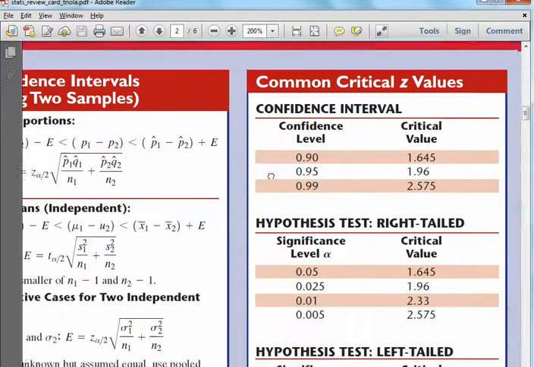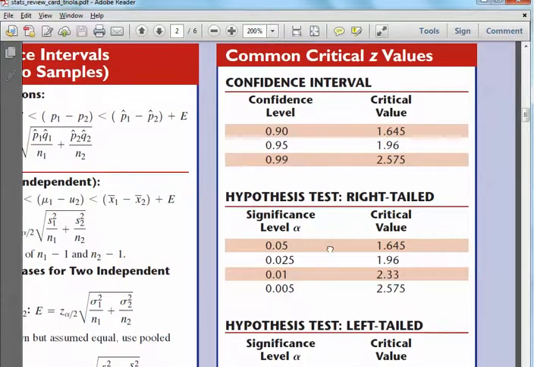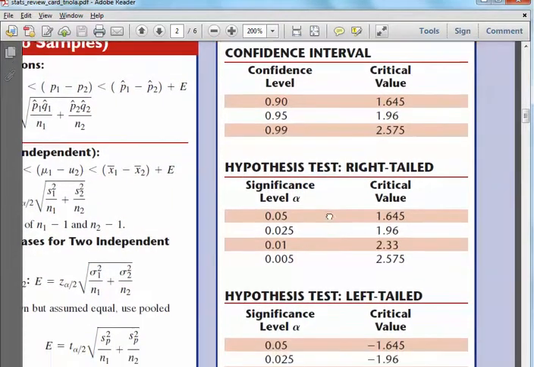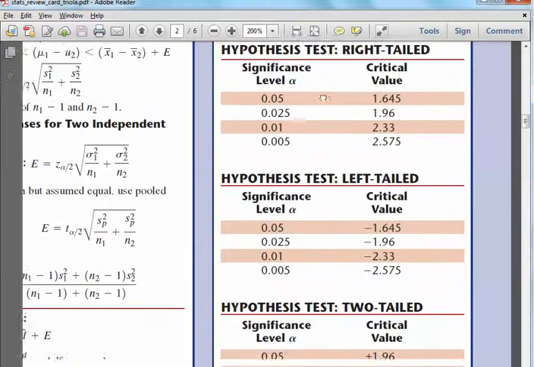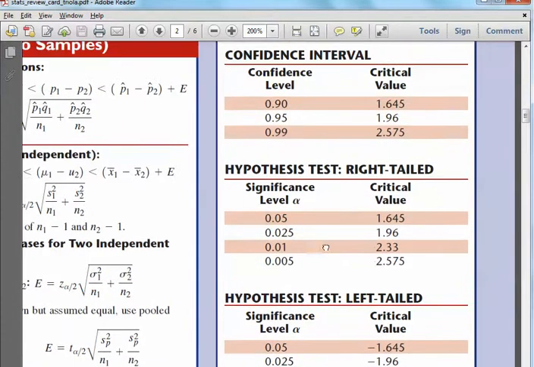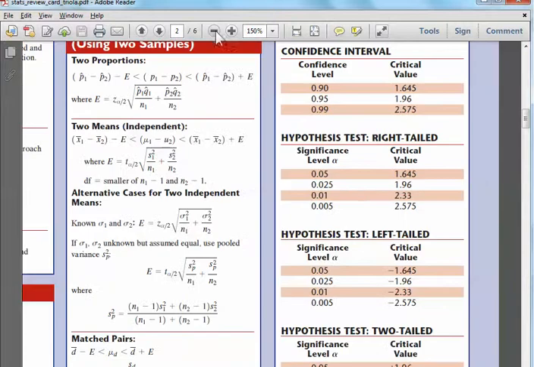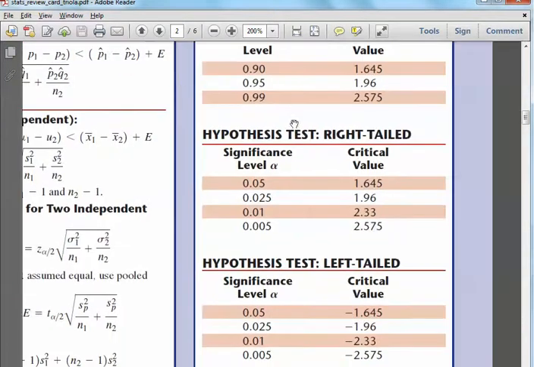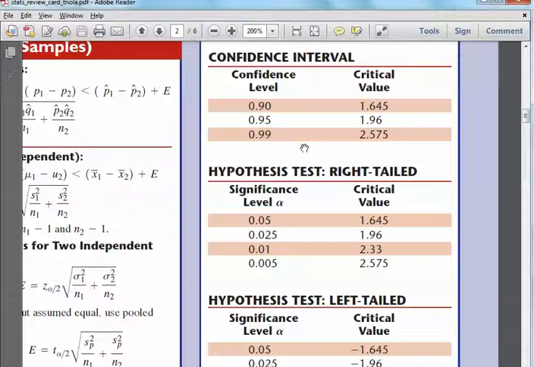This one is the second page. And it depends on whether it's a right tail test or left tail test, or a two tail test, which is going to correspond to our values up there. Let me scoot back and I can make that more clear. A confidence interval obviously has two tails, and we use the positive critical value of 1.645 for 90% and so on.